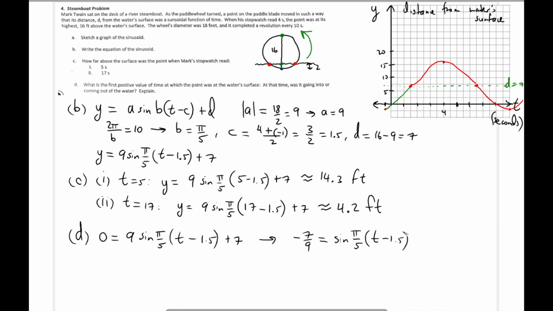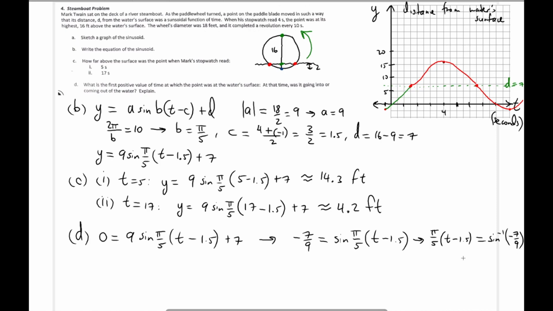Okay? So now how do you get rid of the sine? Never divide by sine. That's not how it works. You have to take the arc sine of both sides. So what that means is you can say that pi over 5 times t minus 1.5 is equal to the arc sine of the other side. Okay, the arc sine of the negative 7 over 9.